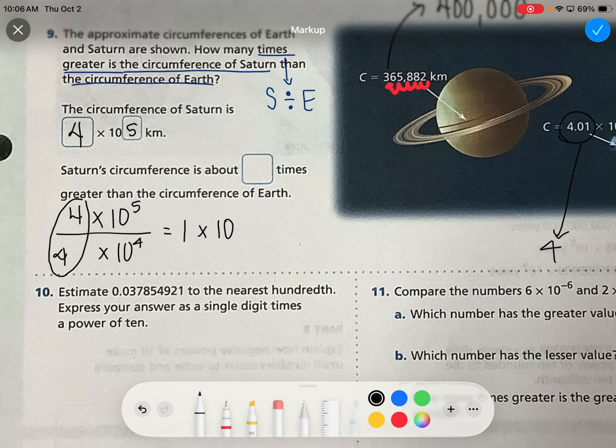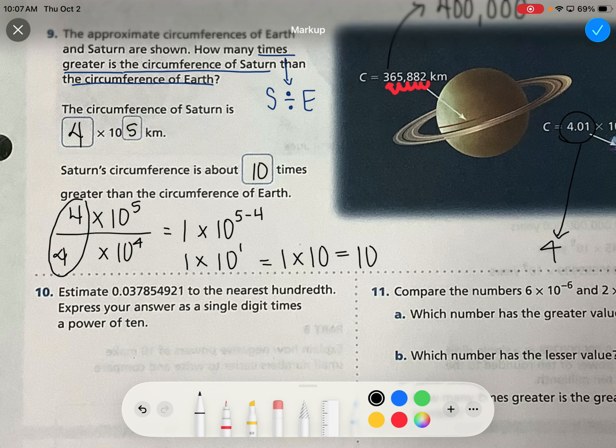Times 10 to the, what is the rule for that when we're dividing? Subtract. So 1 times 10 to the 1, which is 1 times 10, which is just 10. So the circumference of Saturn is about 10 times greater than the circumference of Earth.